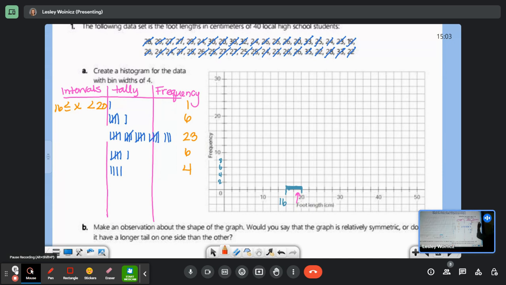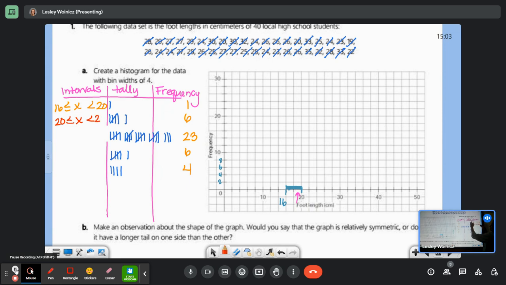All right, so this one is going to be 20 is less than or equal to x is less than, we got to go all the way up to less than 24. Because this was the 20 to 23 bin, right?